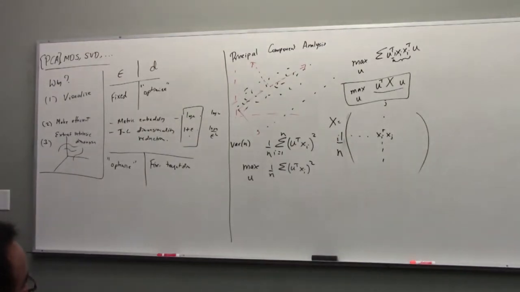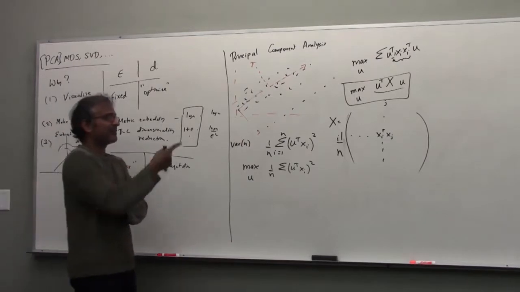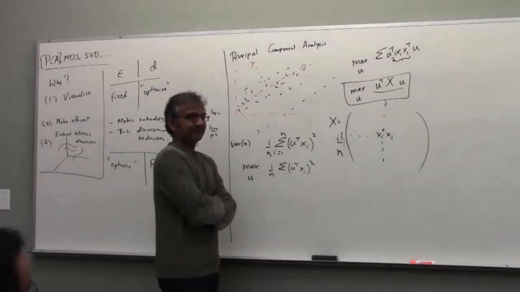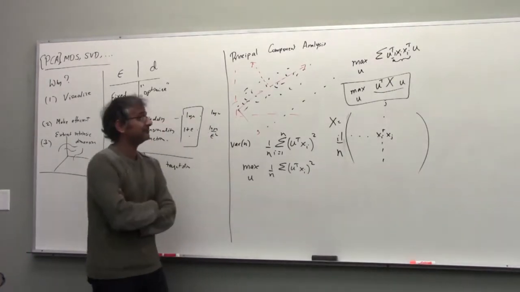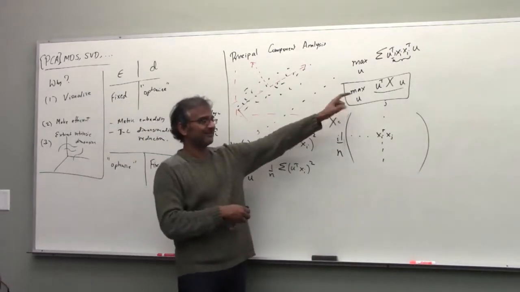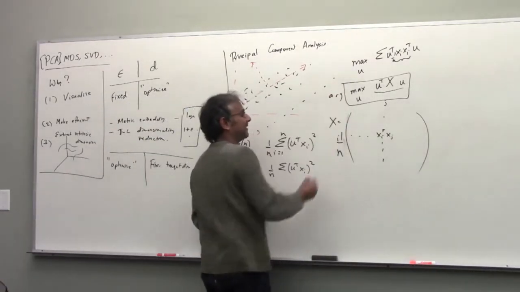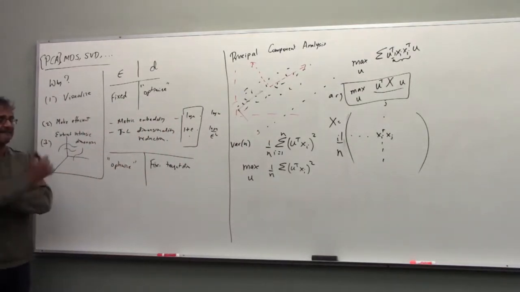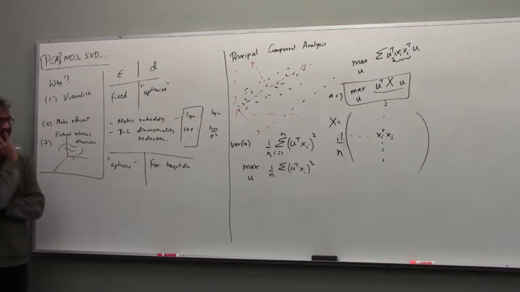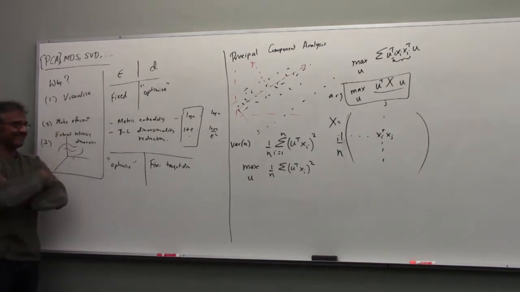This is one of the most intrinsic properties of a matrix, and it comes from this expression. It's an eigenvector. It's the eigenvector corresponding to the largest eigenvalue.